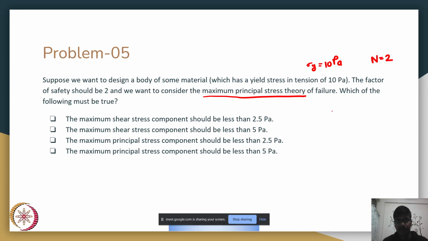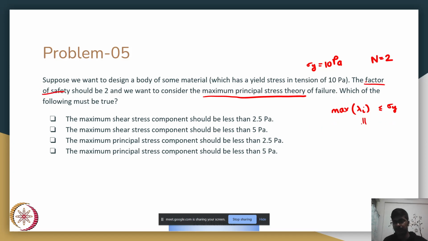Okay, so maximum principal stress theory again. Max of lambda I should be less or equal to sigma y. Correct? But we are given that some factor of safety has to be used, right?